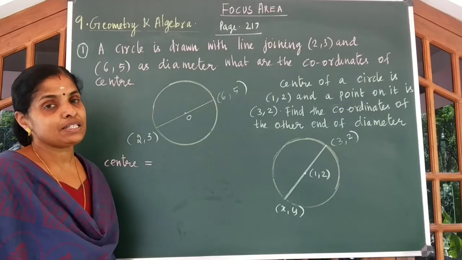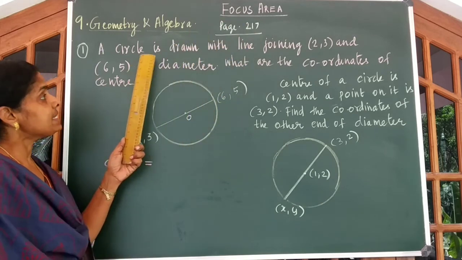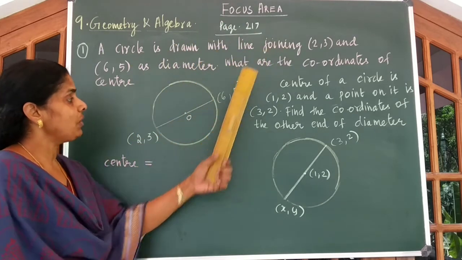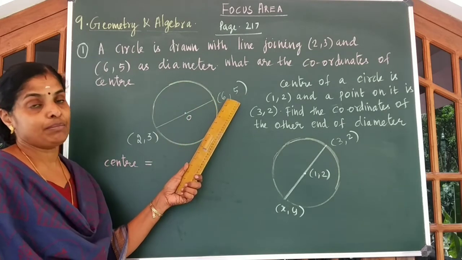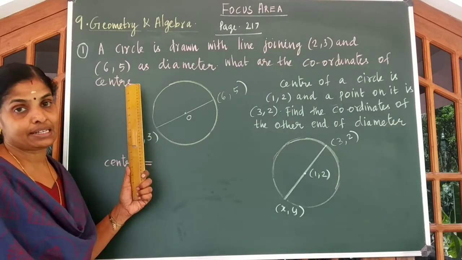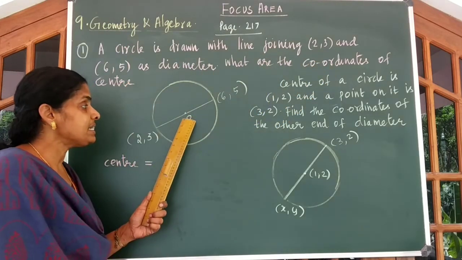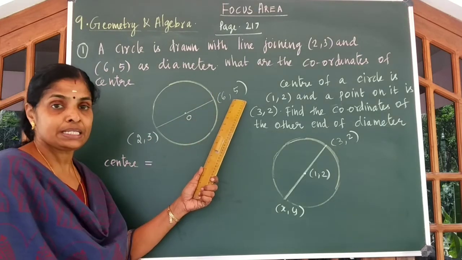Let us discuss a question on page number 217. A circle is drawn with the line joining (2, 3) and (6, 5) as diameter. The question is, what are the coordinates of its center? We know the center of the circle is nothing but the midpoint of this diameter.